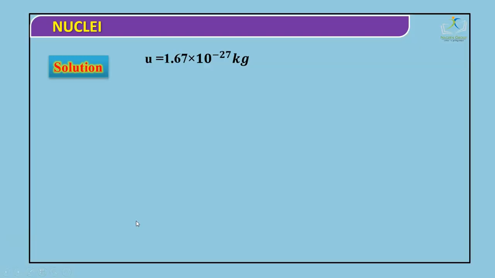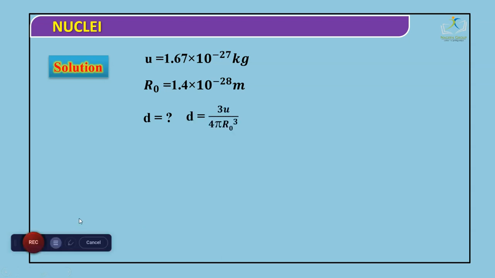U is given as 1.67 × 10^-27 kg. R naught is given as 1.4 × 10^-15 meter. R naught is the radius of the nucleus. D we have to calculate. The value of D is equal to 3U by 4 pi R naught cube. So just put all these values here, students.